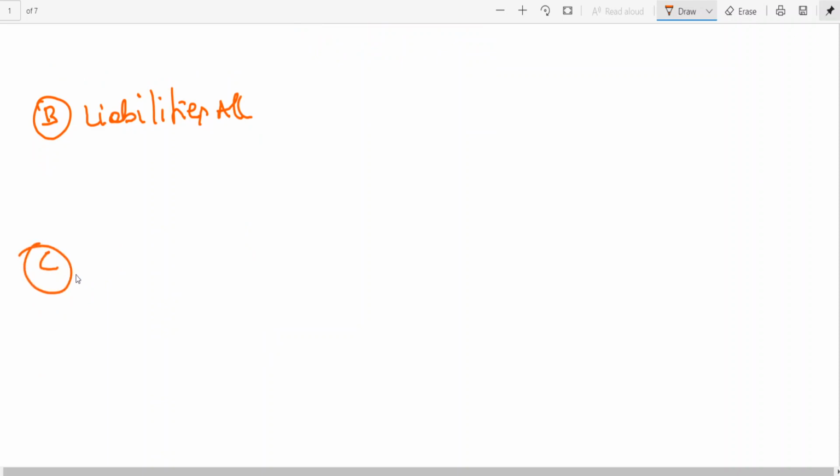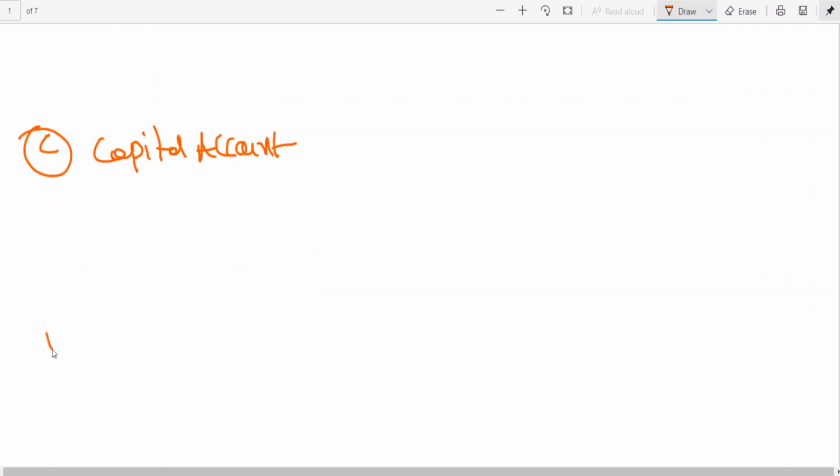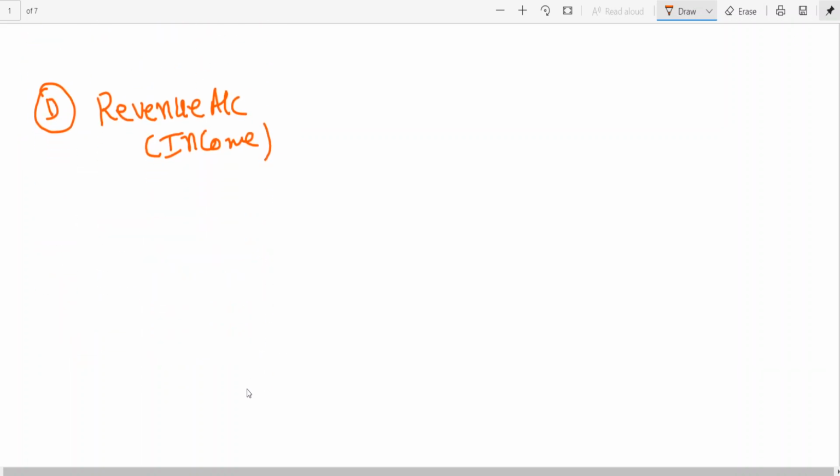C, capital account. D, revenue, which is nothing but income. Last one, E, expense account.